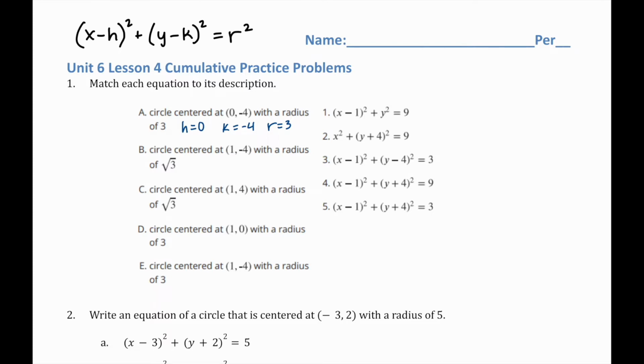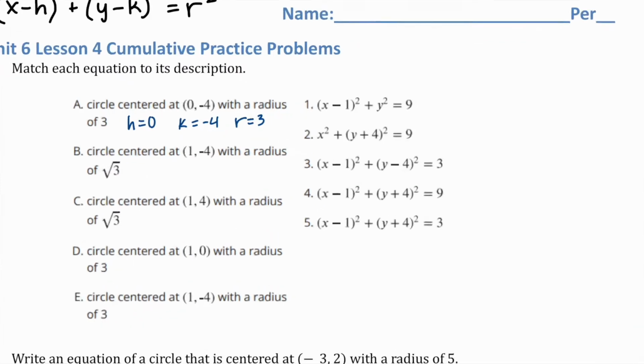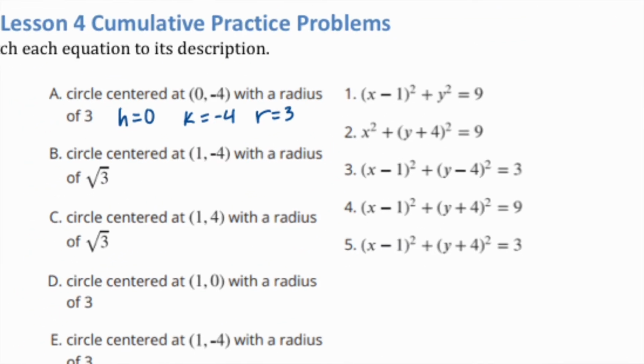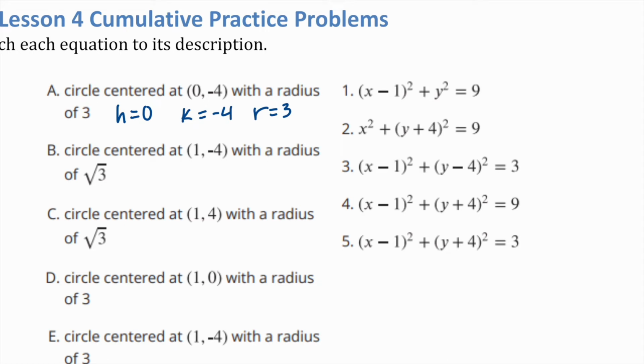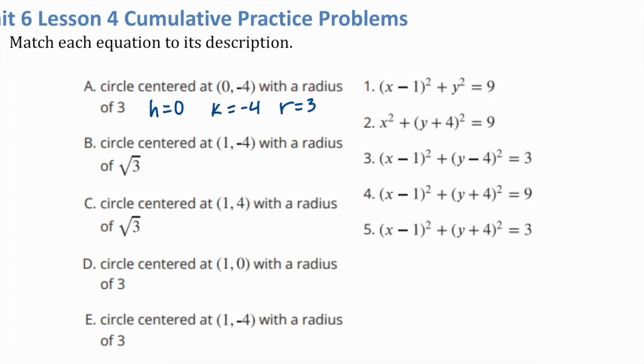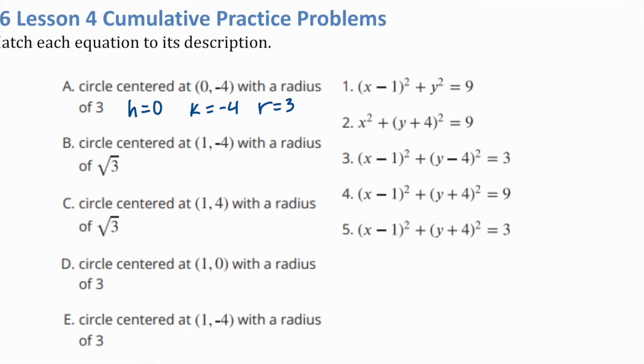Since it needs to equal r squared, we don't want to fall into the trap of a radius of 3 being equal to 3. It's going to be equal to 9. I'm going to match up A, B, C, D, E here.